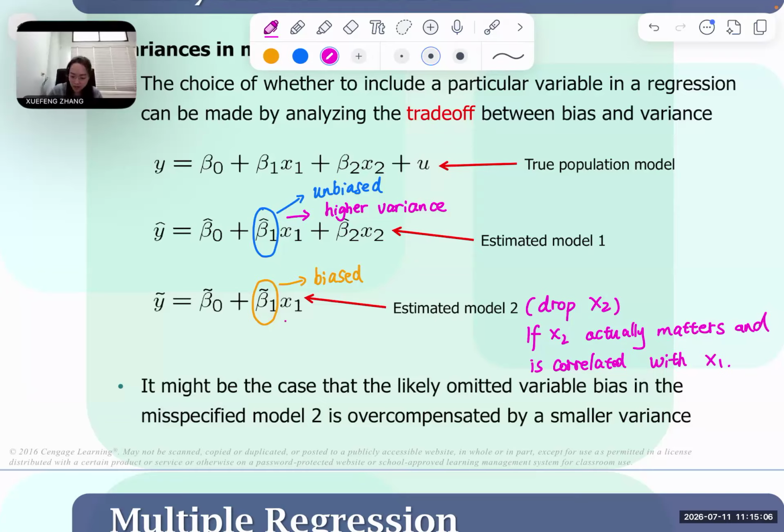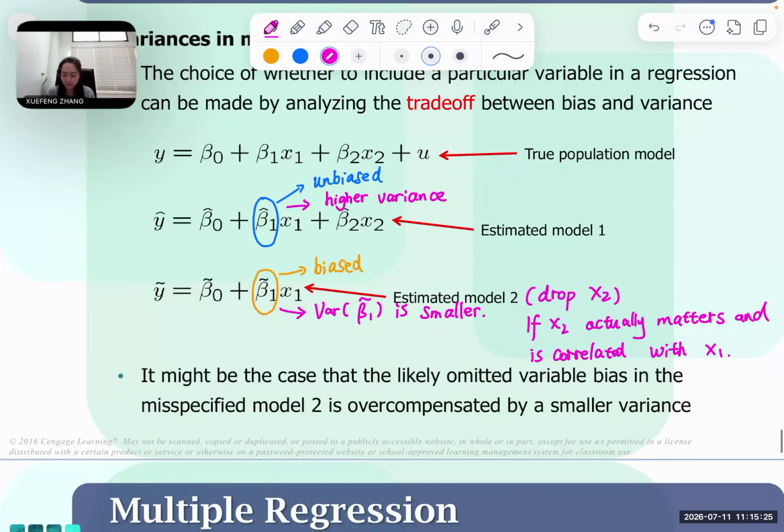The variance of beta 1 tilde is smaller, since we remove a source of collinearity. See here, it might be the case that the likely omitted variable bias in the misspecified model 2 is overcompensated by a smaller variance.